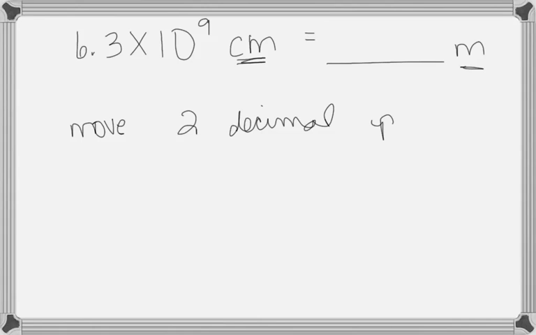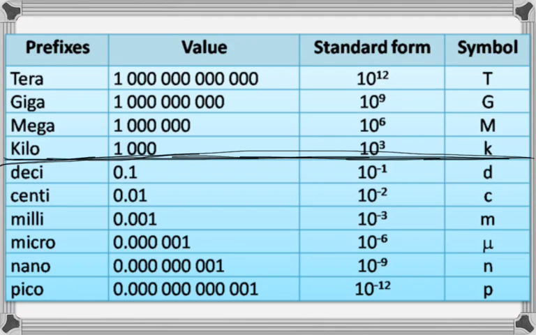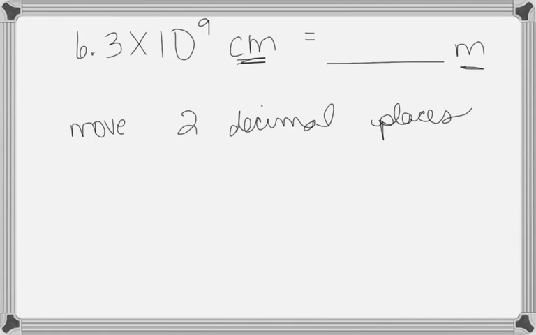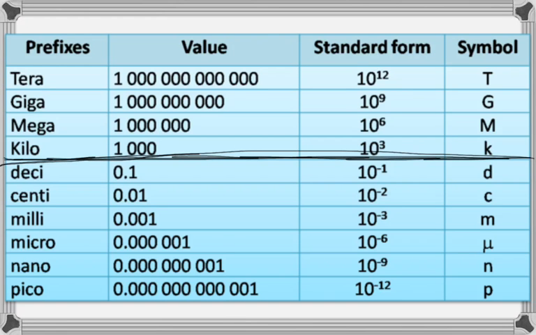Now, my next question is, do I go 2 decimal places left, or 2 decimal places right, to go from centimeter to meter? How do you know that I have to go left? Because it's going to get smaller because the meter is larger. Yes.